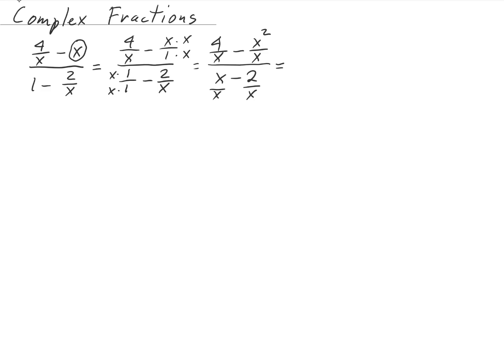Now we can combine the two fractions on the top and bottom because they have the same denominator. On the top we get 4 minus x squared over x. Remember, you subtract the tops, 4 minus x squared, but you keep the same denominator. And the same on the bottom. We get x minus 2 over x.